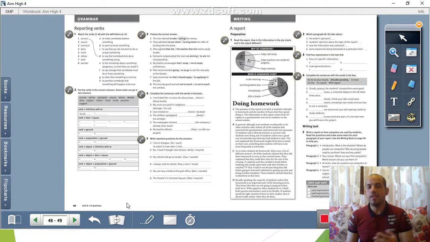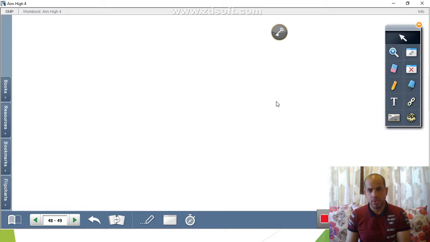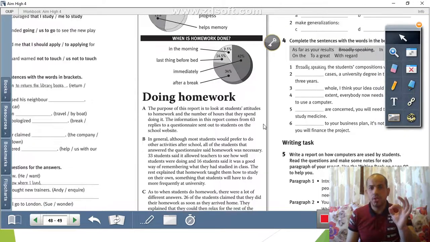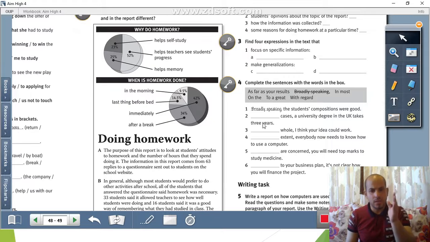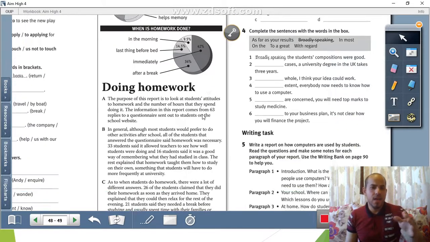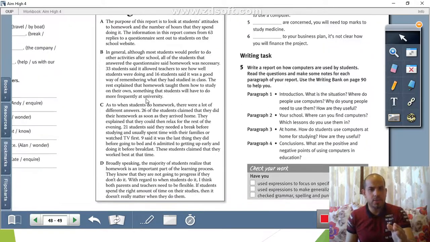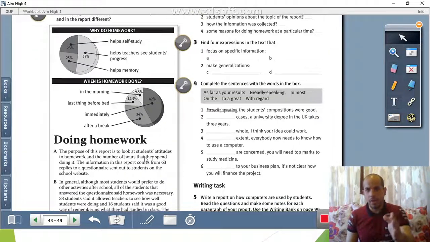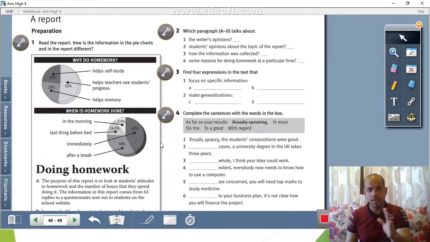They are not considered as a homework. Also here we have a report. You can study the report. You can study the pattern.